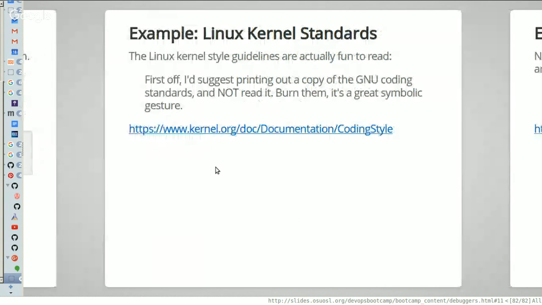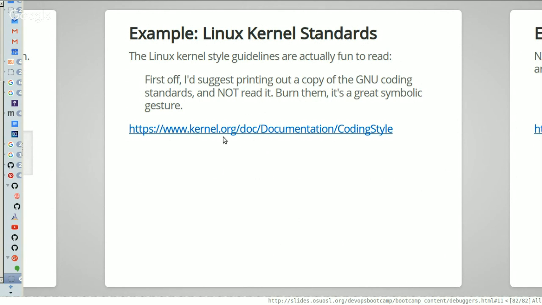Another example of a coding standard or style guide is kernel.org. The Linux kernel is free and open source, and anyone can use it, anyone can contribute to it. Because anyone can contribute to it, a lot of people that don't quite know how to code might contribute to it.